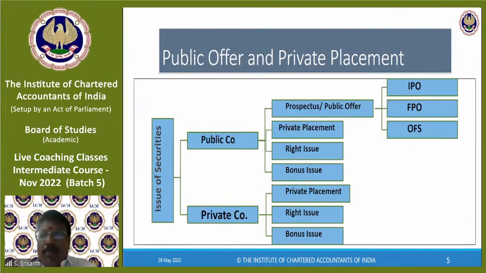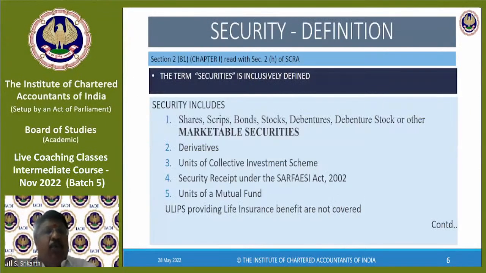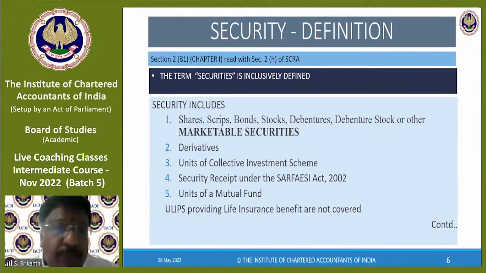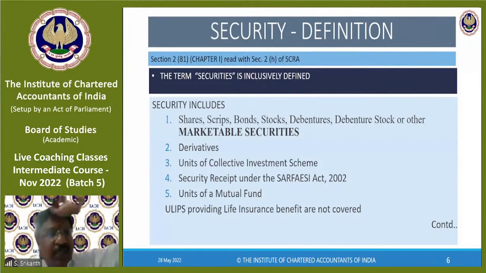Okay. Moving on, this is very fundamental basics. Now we go to certain definitions. Now, this particular definition links the definition of security to an enactment called the Securities Contracts Regulation Act, SCRA, not in your syllabus. Inter or final May, it's not there. It was there, now they have taken it out.